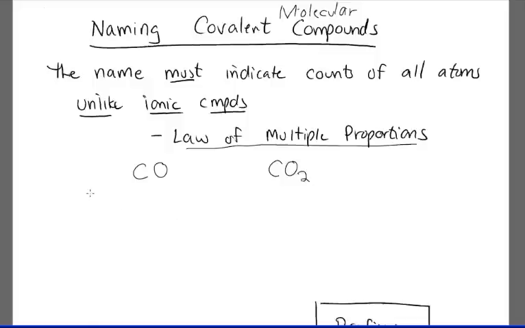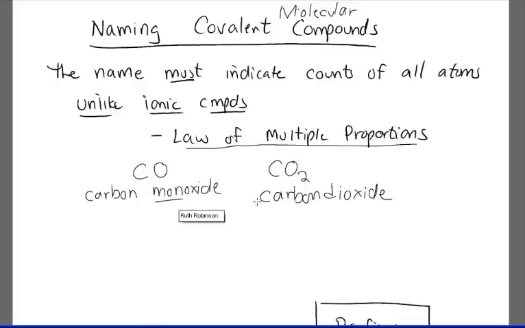And you may know that carbon with an oxygen is carbon monoxide, the same thing that your detectors at home are detecting for. And then CO2 is carbon dioxide. So notice there is a prefix in front of the oxygen that indicates how many of them there are.